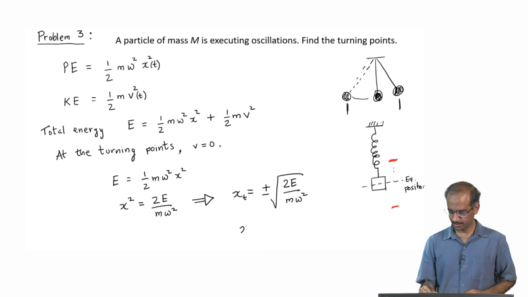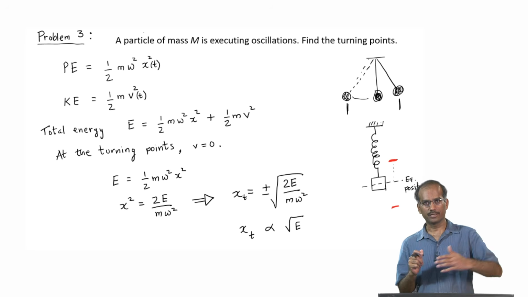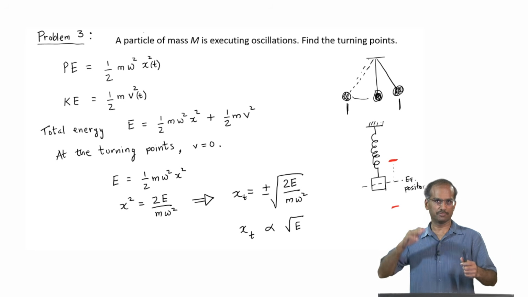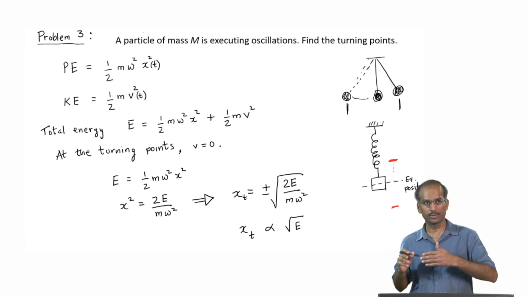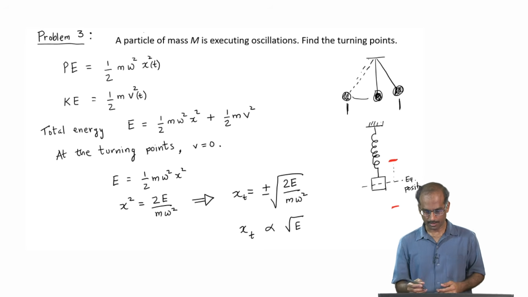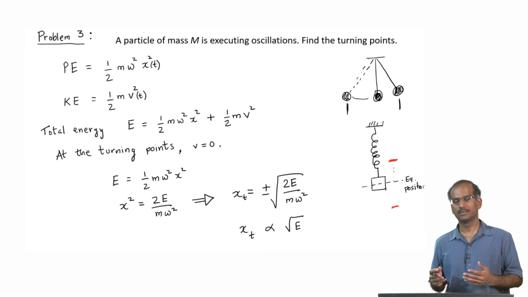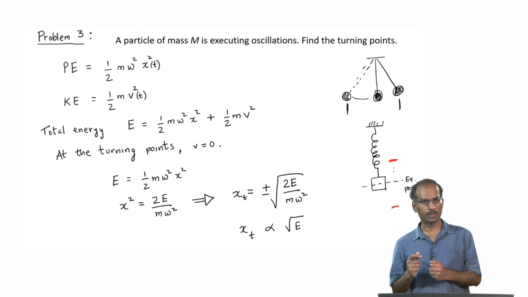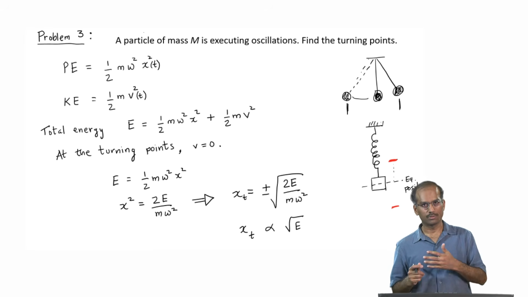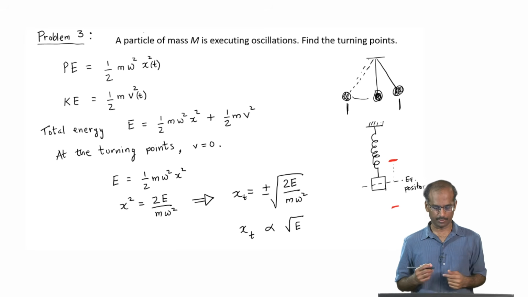So, turning points is proportional to square root of E. More the energy you give, the turning points would be further away. Clearly, if you give a strong push to the pendulum, it is going to go far before it turns back, which is the lesson that we learn from this equation as well. And it also tallies with the physical intuition that more energy, the particle would go further, would oscillate with larger amplitude before turning back.